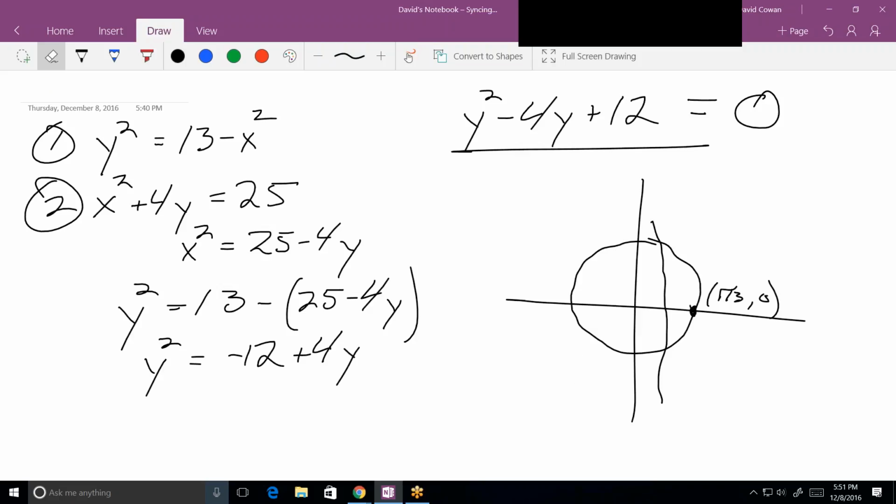But the parabola may not go up that far. The parabola may only go up that far, in which case there would only be 2 solutions. And what if the parabola went like this? There'd still be 2 solutions. The only time there's only going to be 1 solution is if that parabola is tangent to the circle and does something like that. You only have 1 solution.